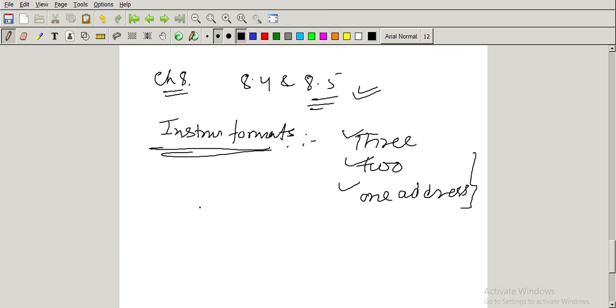Apart from that, we have some addressing modes, right? Addressing mode means direct addressing mode, indirect addressing mode, and indexing mode, right? And relative address mode.